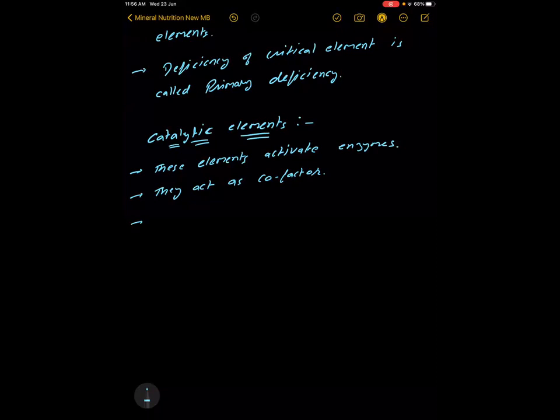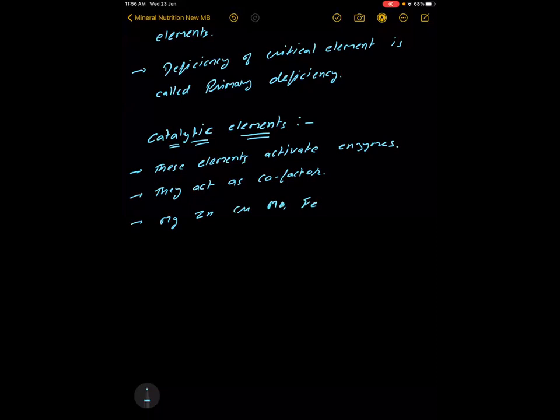For example, magnesium, zinc, copper, molybdenum in nitrogenase. Copper in cytochrome. Iron is also in cytochrome oxidase in respiration, and ferredoxin also.